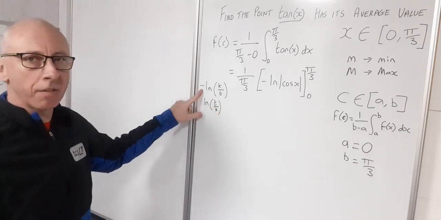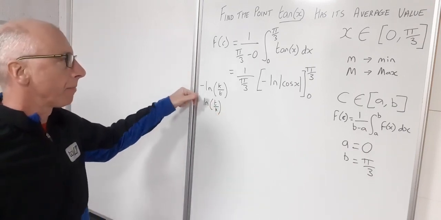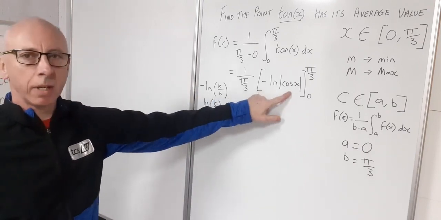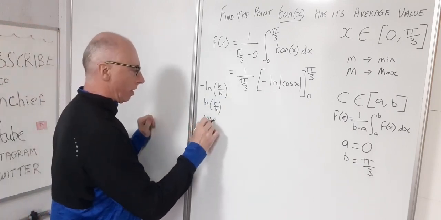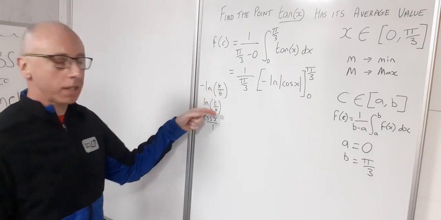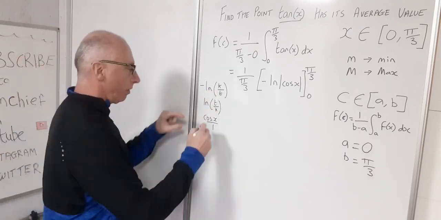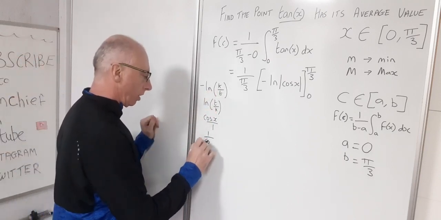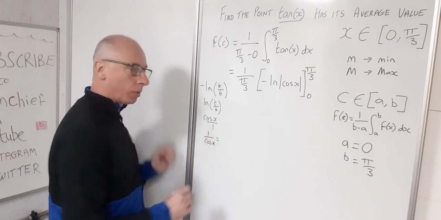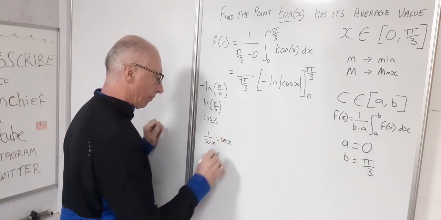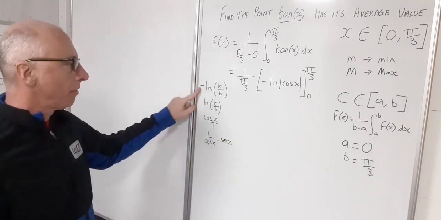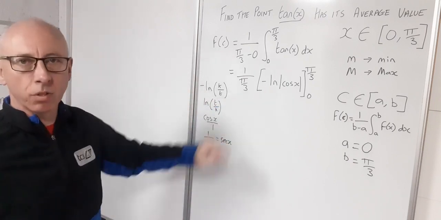So that way I can get rid of this minus sign by flipping it. Now I can do the same here. If I have cosine x over 1, using this example, I can flip it and get 1 over cosine of x, which is the same as secant x.